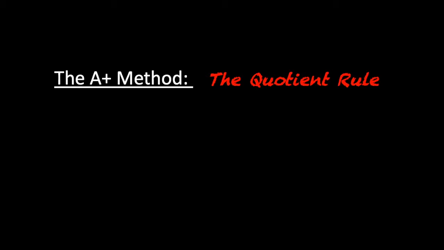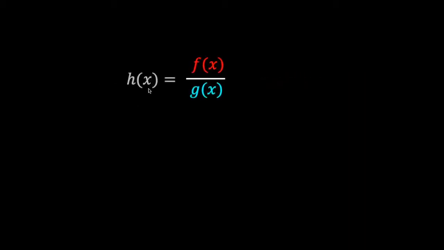Okay, so let's get into it. Let's say you have a function h of x, and that's equal to a fraction of two functions, f of x over g of x.